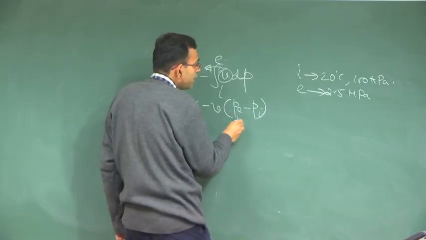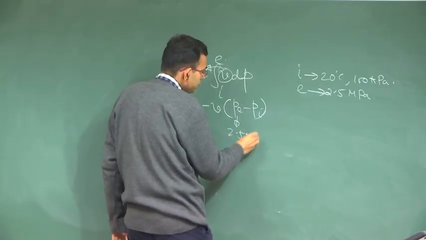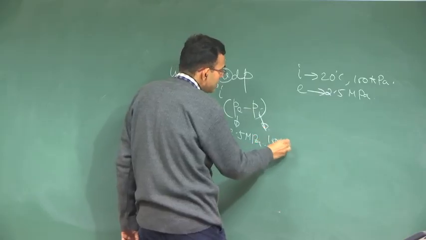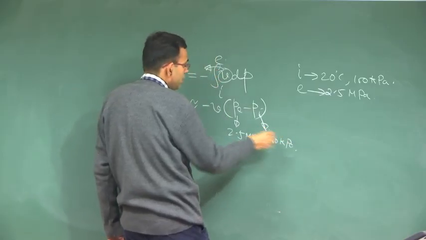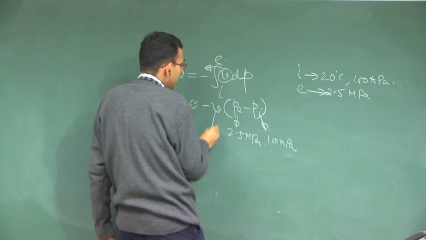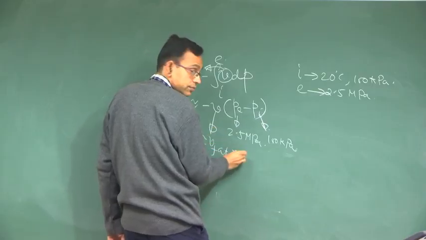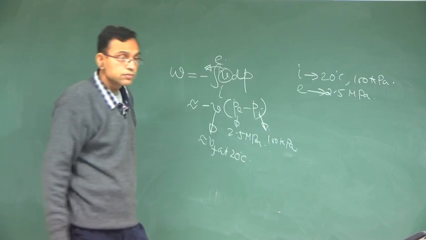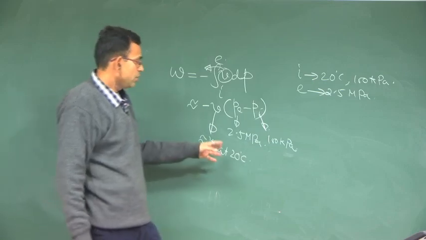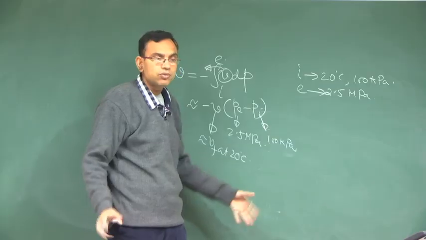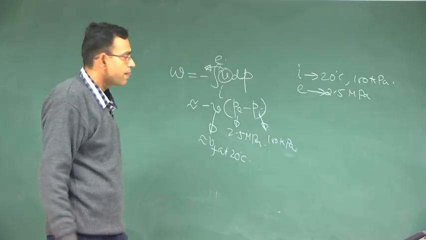P is 2.5 MPa, Pi is 100 kilopascal, and this V is specific volume, roughly Vf at 20 degree centigrade, which is 1 by Vf roughly like 1000 kg per meter cube, the density of water.